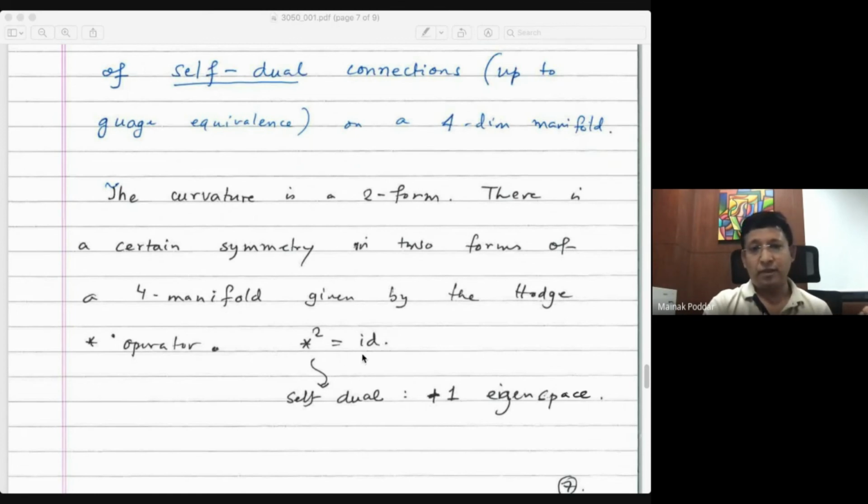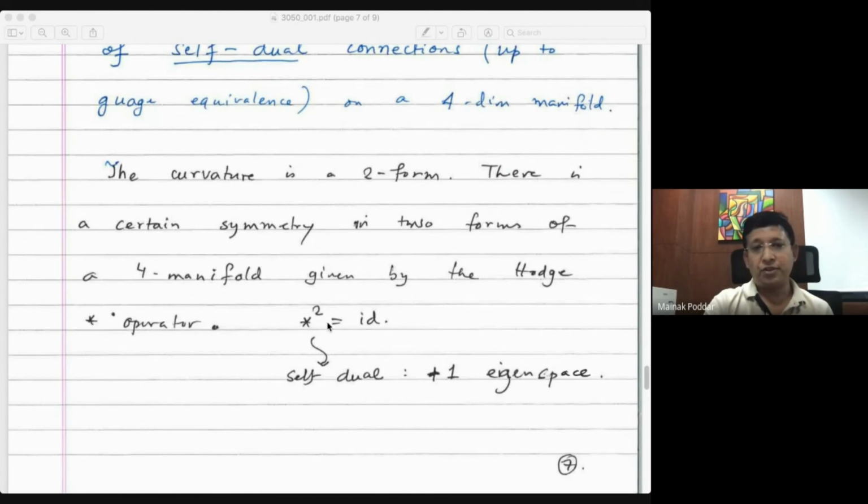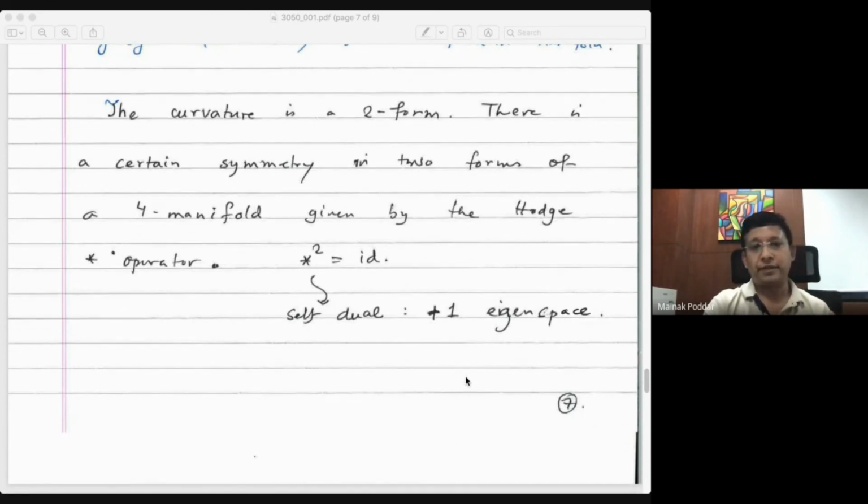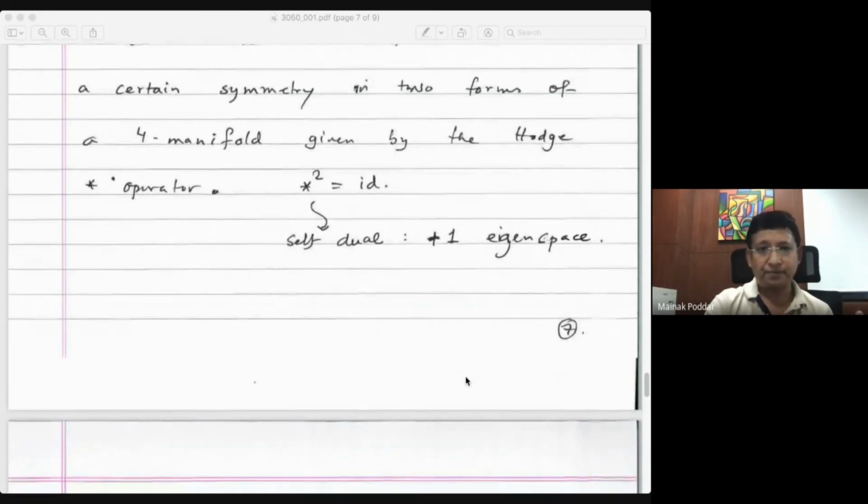Self-dual: if you have a two-form, Hodge-star gives you another two-form, and if you repeat it twice, you get the same two-form. So the Hodge-star operator, being a squared-identity operator, has eigenvalues plus or minus one, and the self-dual ones are the plus ones, the two-forms in the plus-one eigenspace of the Hodge-star operator.